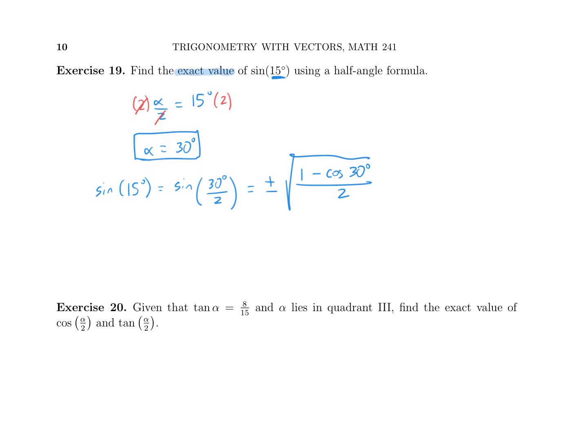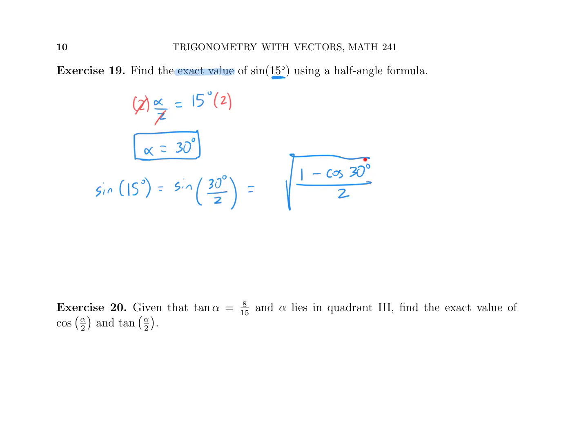In this case, 15 degrees is in quadrant 1, and we know that sine is positive in quadrant 1. So this needs to be plus, not plus minus. Now we can erase the plus minus because 15 degrees is in quadrant 1, and sine is positive in quadrant 1.